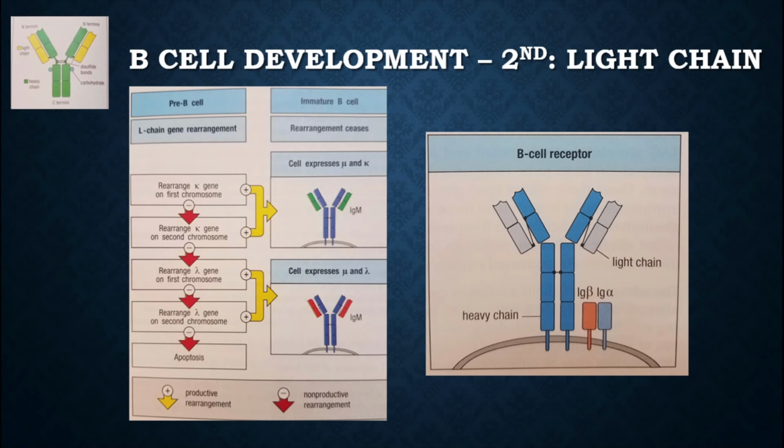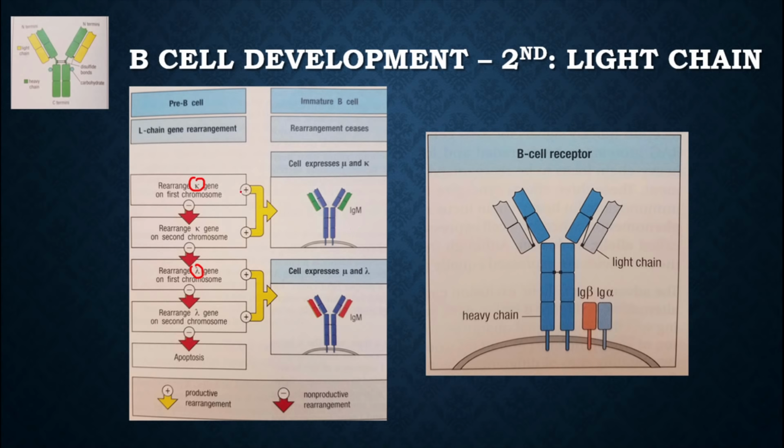If it passes the checkpoint with the surrogate light chain, it then undergoes the somatic rearrangement to generate a light chain. Kappa and lambda chains are made sequentially until a functional antibody, or in this case a B cell receptor, is made.